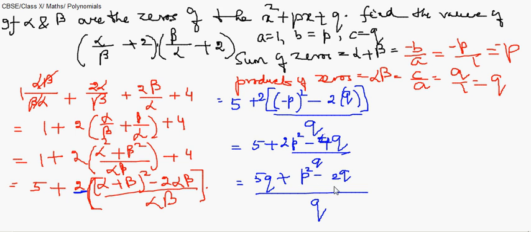So it is 5q, minus 4q, that makes it q plus 2p square, all over q. This becomes the answer to the value of alpha by beta plus 2 times beta by alpha plus 2.